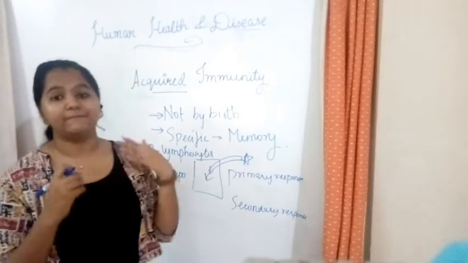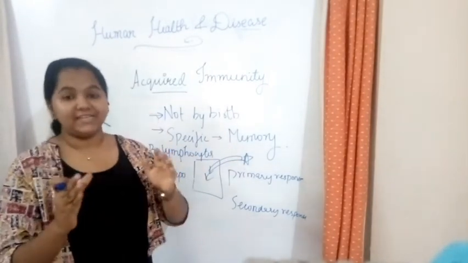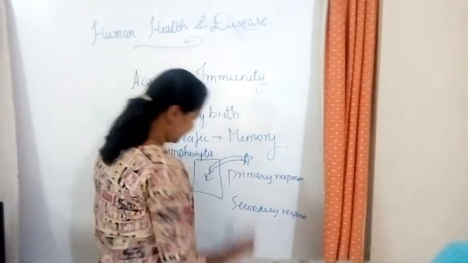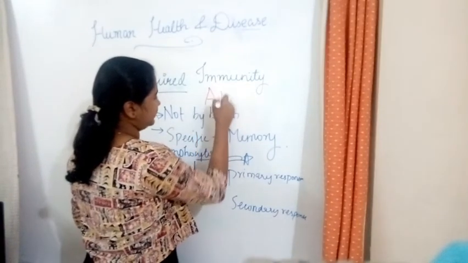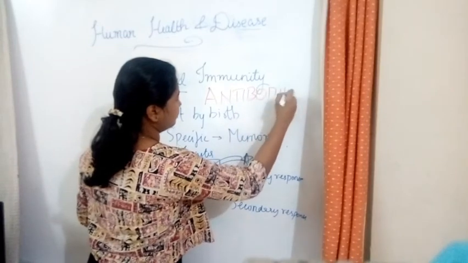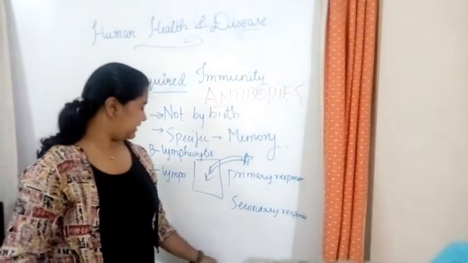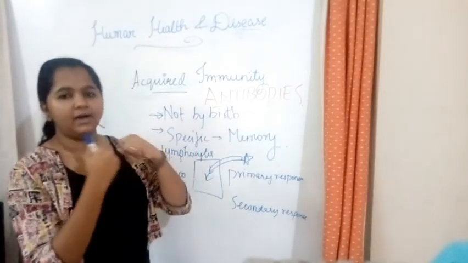That protein would fight against the pathogens, and that protein is known as antibodies. I'll write it down. Antibodies. Okay, B lymphocytes produce antibodies and they defend against the pathogens.